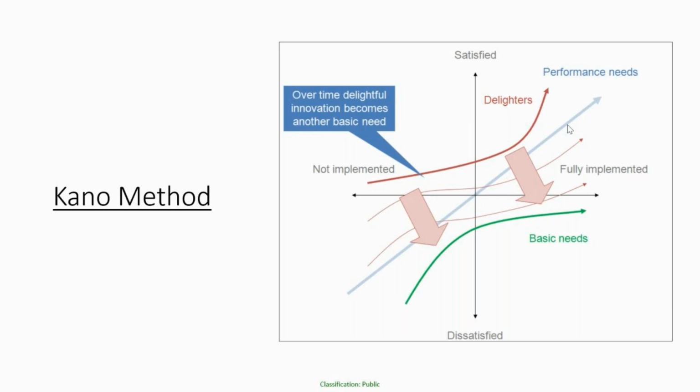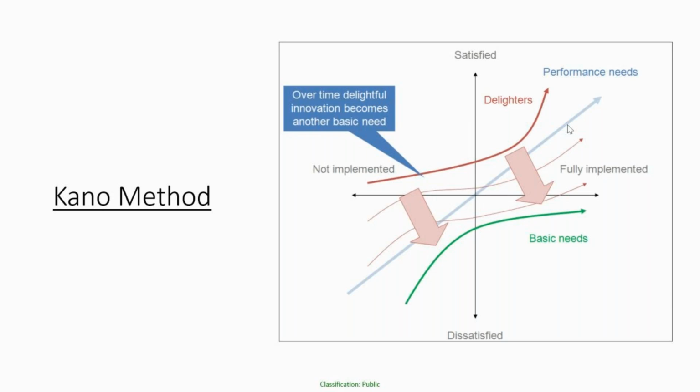Then you have something called excitement needs. Certain requirements, when they are fulfilled, give the end user immense satisfaction. If you're not providing them, it is not causing any dissatisfaction because the customer has never even expected them. But if you provide them, that makes the customer a loyal customer to your app. For example, offering a surprise discount.